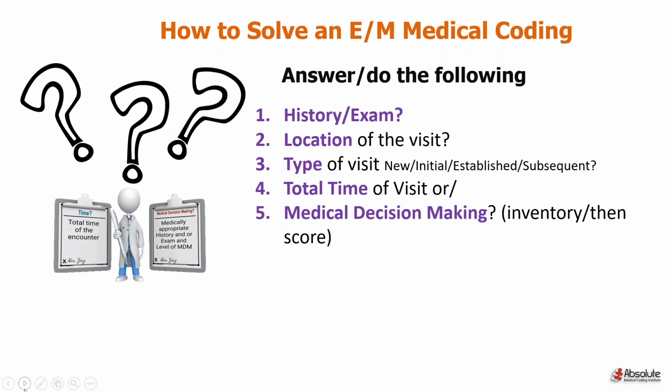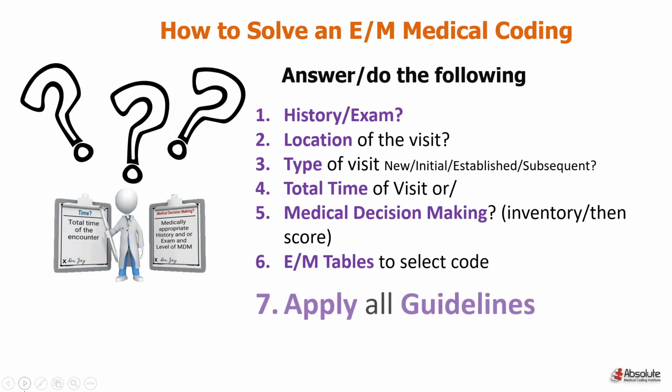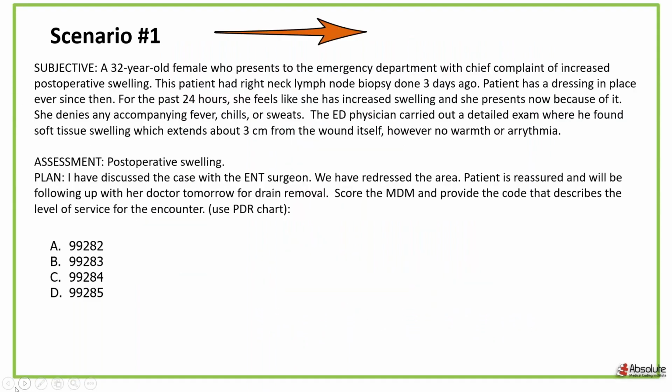If there is no total time documented, we go ahead with the medical decision making. We'll be inventorying and scoring the medical decision making by using the PDR chart and E&M tables to select the code, and finally applying all the guidelines.